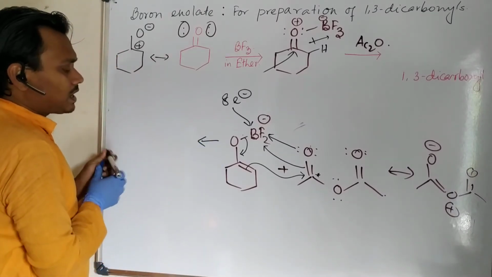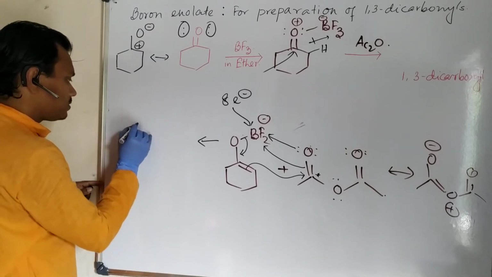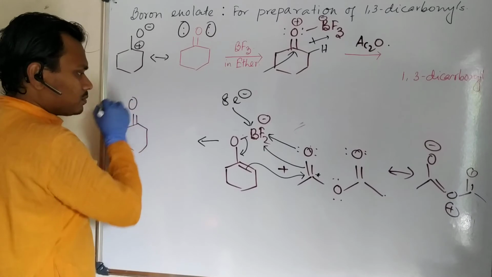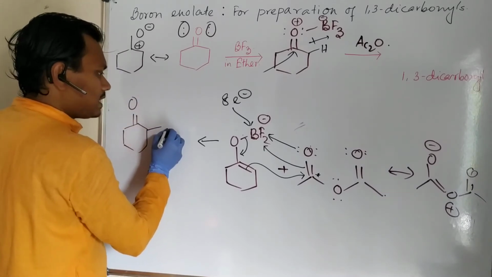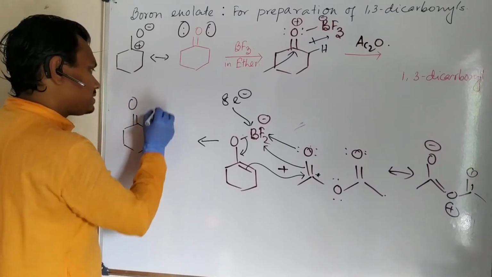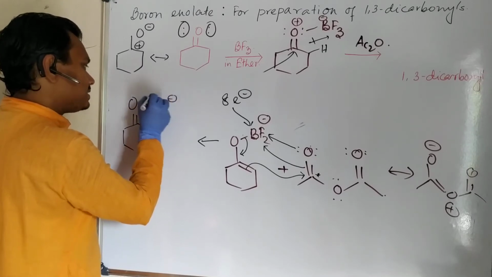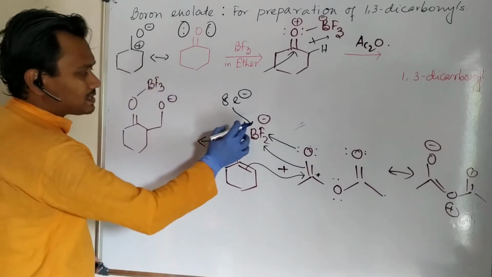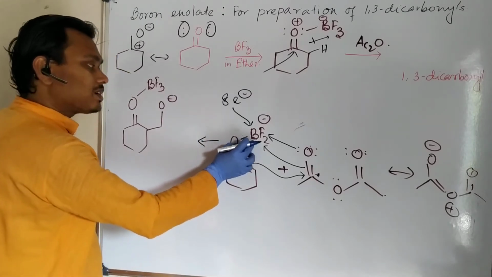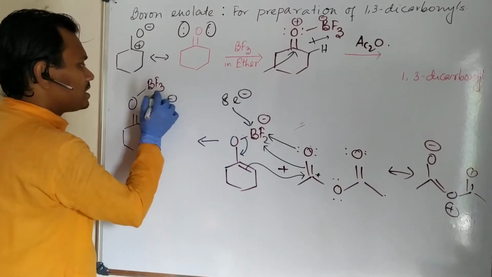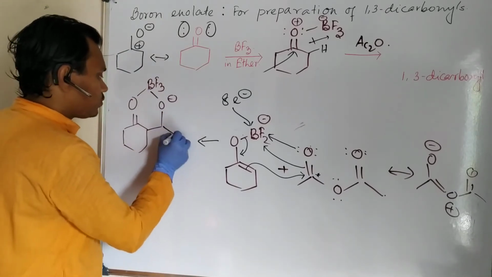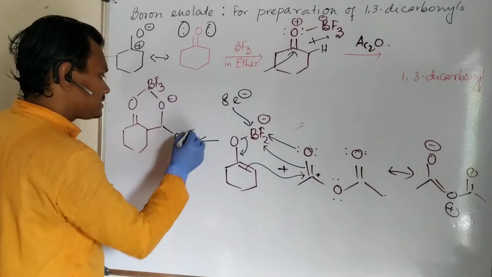So what will it result? Double bond O, this is attached to O minus, and this is BF3. Previously it was attached as a covalent bond. Right now this is minus, so it can attach with this boron center. So it results in this.